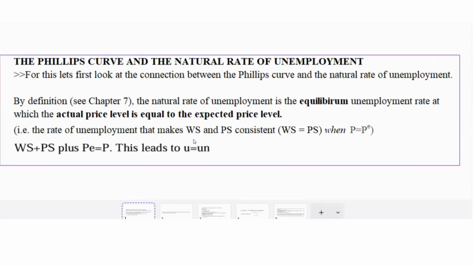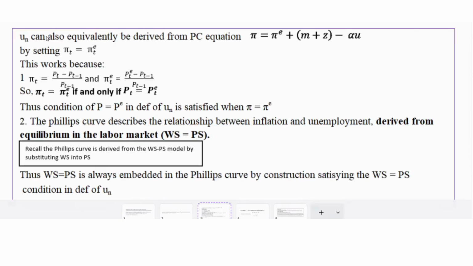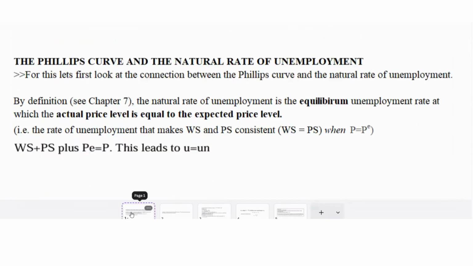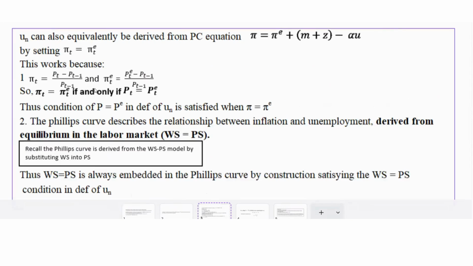The first one being that PE has to be equal to P. This condition is satisfied when we set pi t equal to pi^e t, because pi t is equal to pi^e t if and only if P t is equal to P^e t. So the first condition in the definition of UN, that P is equal to PE, is satisfied when we set pi t equal to pi^e t.